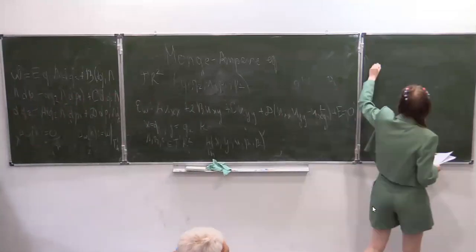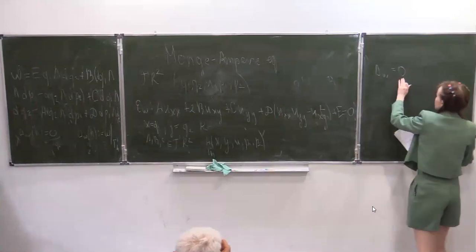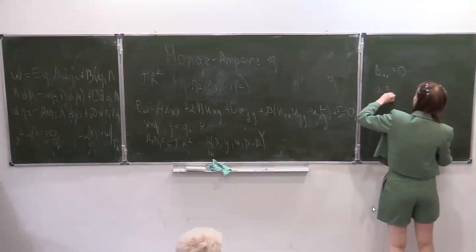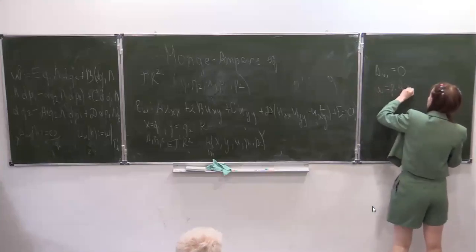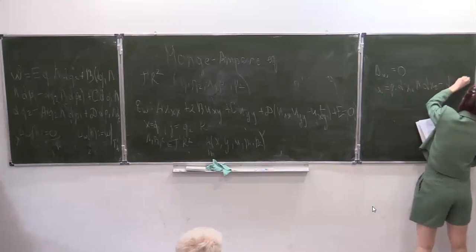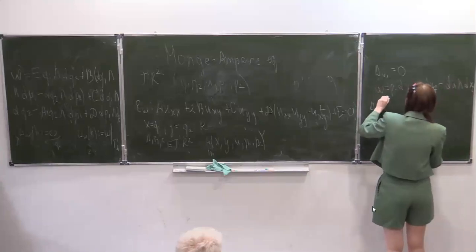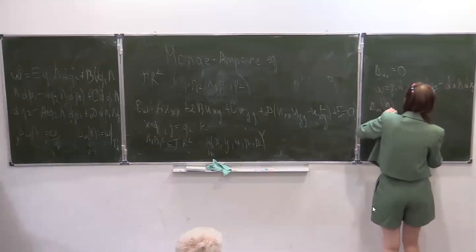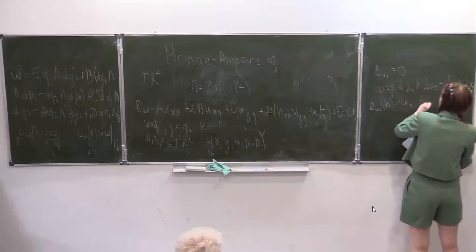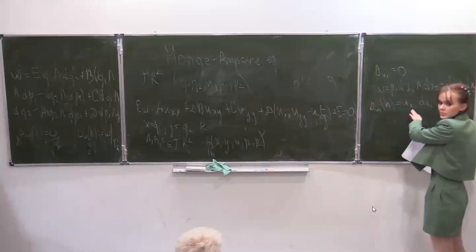For example, some Monge-Ampere differential operator can be equal to 0. An example is this: omega equals p1 dx1 dx2 minus du dx2, and delta omega of h equals x1, x2 by definition.